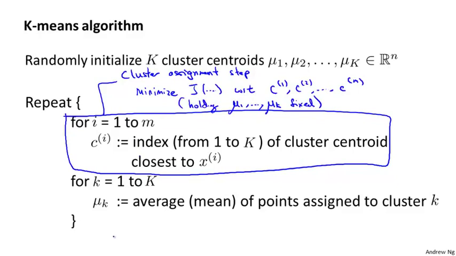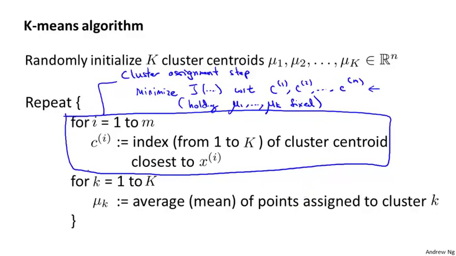So the cluster assignment step doesn't change the cluster centroids, but it's exactly picking the values of c^(1), c^(2) up to c^(m) that minimize the cost function or the distortion function J. It's possible to prove that mathematically, but I won't do so here. But it has a pretty intuitive meaning: let's assign each point to the cluster centroid that is closest to it, because that's what minimizes the squared distance between the point and its corresponding cluster centroid.